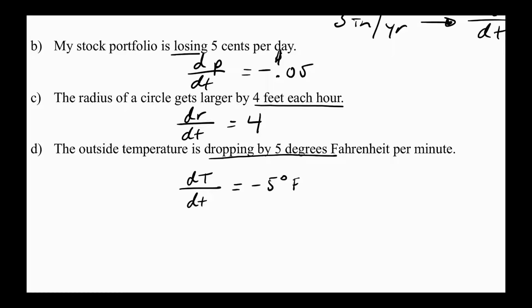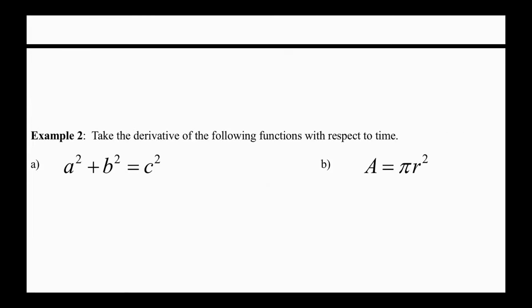Lowercase t is usually time, uppercase T is usually temperature. You're going to see rates like the radius of the circle getting larger by 4 feet each hour, or each minute, or each day. These are the ones you're mainly going to see, so we have to figure out a way to label them.